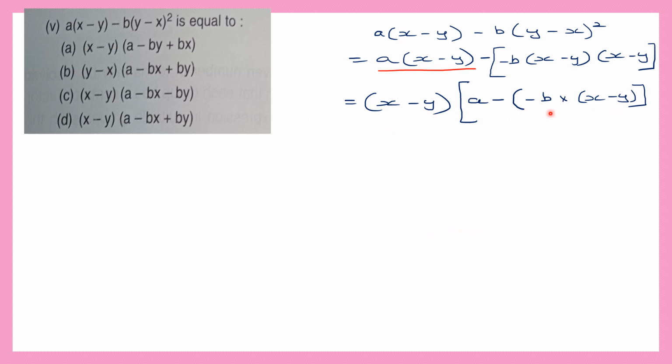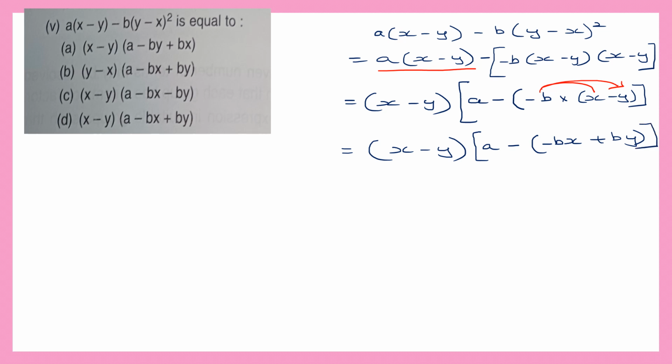Now we are going to work this out. So this will remain as it is. So this is x minus y. And here what do I have? In brackets I have a minus, let's work this out. So here I have minus b into x, which is minus bx. Then I multiply minus b into minus y, so that becomes plus by.